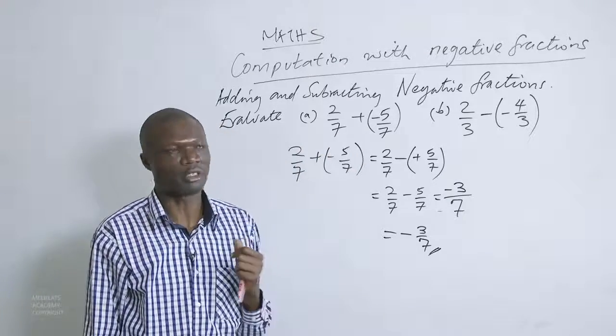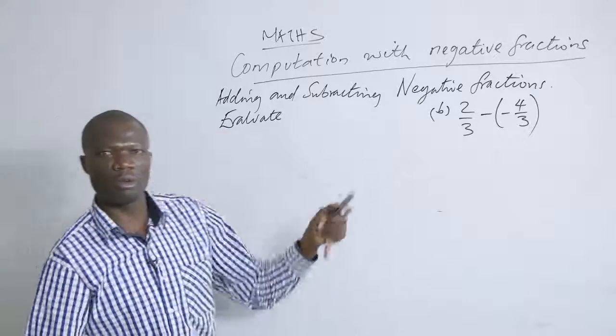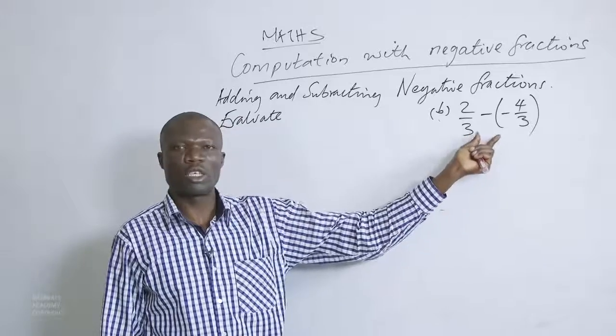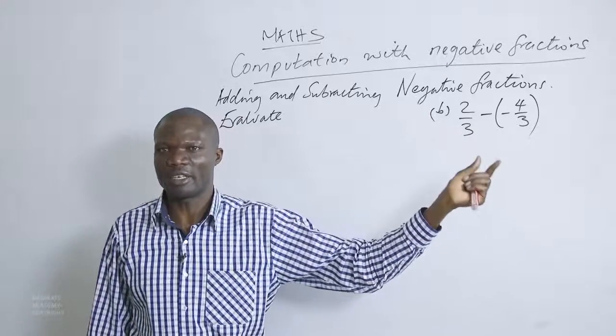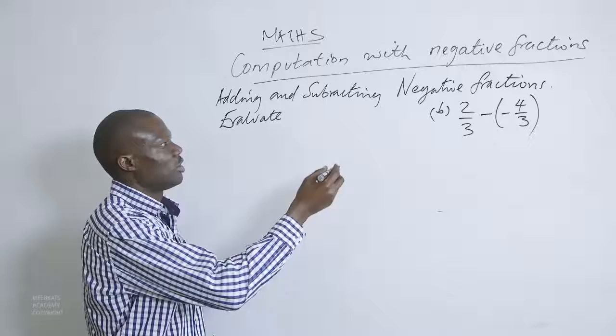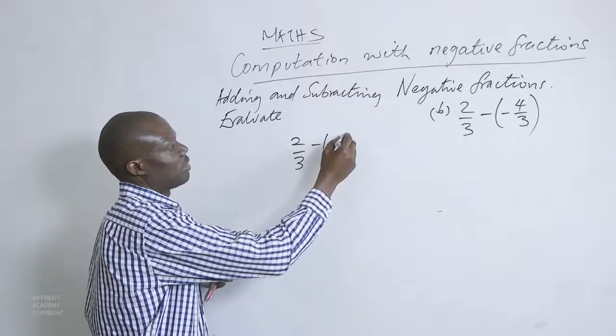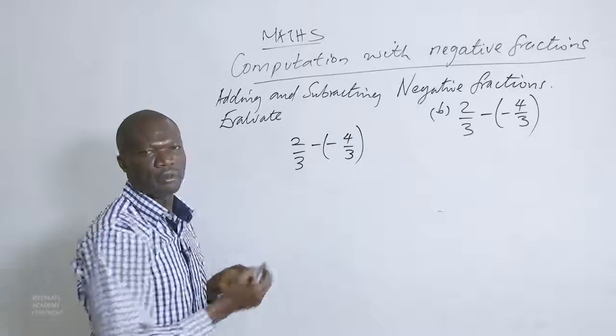So this case has proved that a smaller fraction subtract a larger fraction gives us a negative fraction. In the second problem, we have a fraction subtracting another negative fraction. So we take 2 over 3 minus negative 4 over 3.